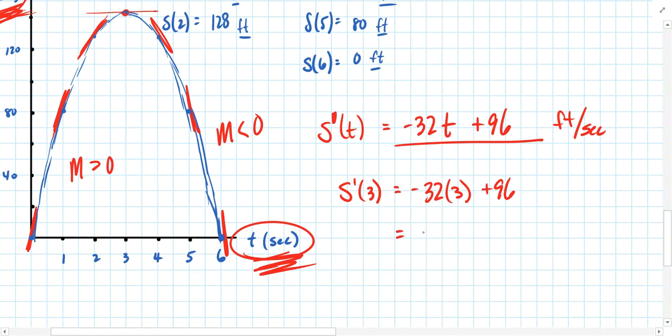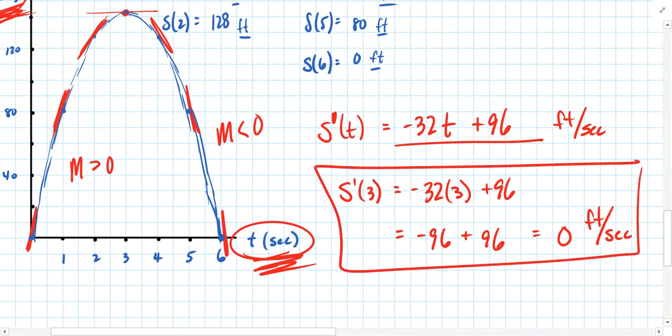Lo and behold, negative 32 times 3 is indeed negative 96. Plus 96 does equal 0, and our unit of measure, let's keep in mind, was feet per second. So this algebra here confirms that at time 3 seconds after launch, that object is moving 0 feet per second.